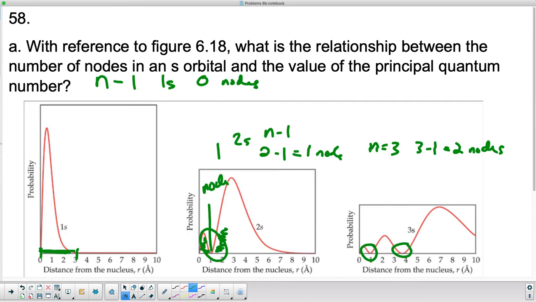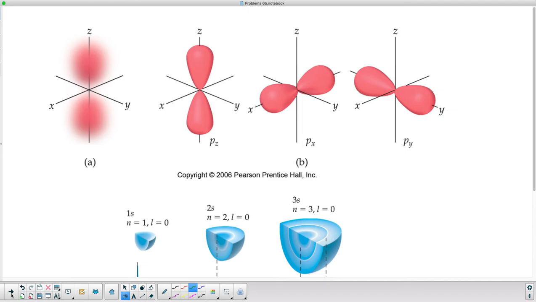I don't mean to go too fast, but try and keep up. I've said this before, I think, somewhere, but take a look at this picture of the p sublevel. This one would be the pz orbital. Take a look how fuzzy it looks.